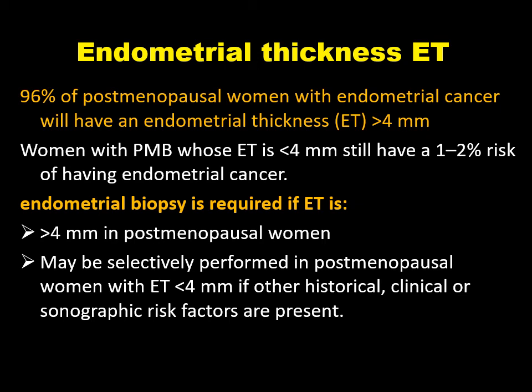Women with postmenopausal bleeding whose endometrial thickness is less than 4 millimeters still have a 1 to 2% risk of having endometrial cancer. So, whenever women present with postmenopausal bleeding, it is mandatory to do a transvaginal scan and measure endometrial thickness. If it is more than 4 millimeters, then we have to biopsy.